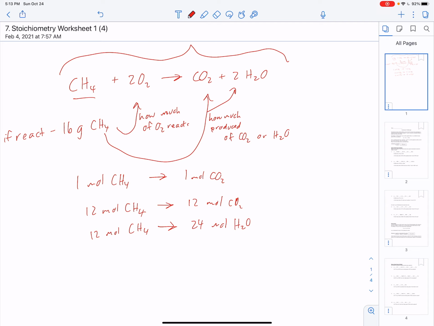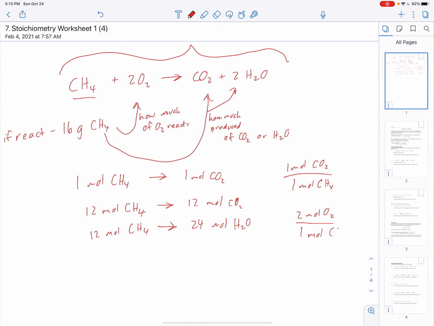I could have a molar ratio like 1 mole of CO2 for every 1 mole of CH4. Or I could have a ratio of 2 moles of O2 for every 1 mole of CO2, right? And that's just taking note of the coefficients.